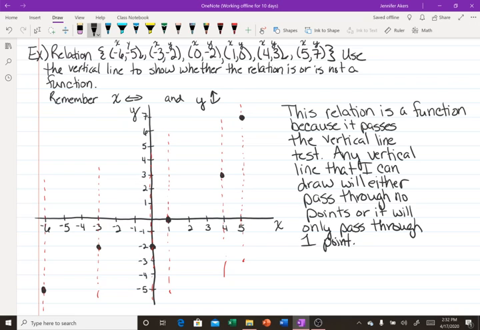Okay? So that's how you use the vertical line test.